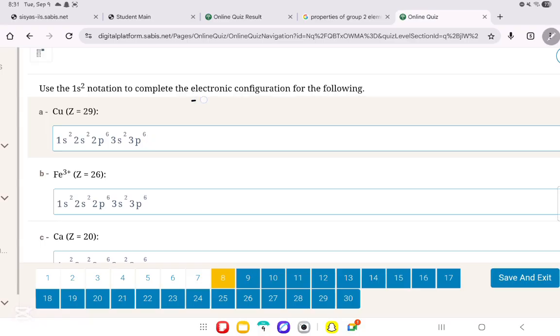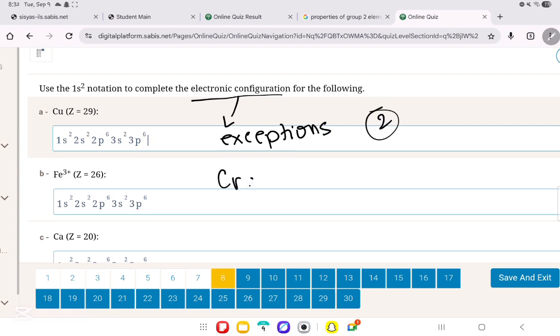Now, one thing about electronic configuration is that there are exceptions. What are these exceptions? We have only 2 exceptions. They are chromium, Cr. How are you supposed to denote it? Chromium, Cr, has 24 electrons.